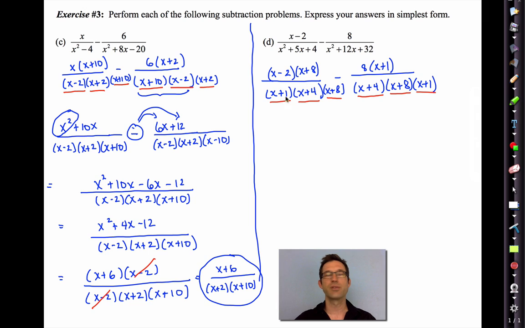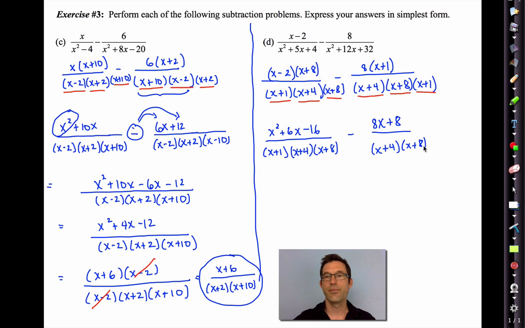Now that first numerator is a little bit more complicated to multiply out, but it's just foiling. It's x squared plus 6x minus 16, all divided by x plus 1, x plus 4, x plus 8, I'm going to be writing that down a lot, minus, that second one's pretty easy to multiply out, 8x plus 8, times x plus 4, times x plus 8, times x plus 1.